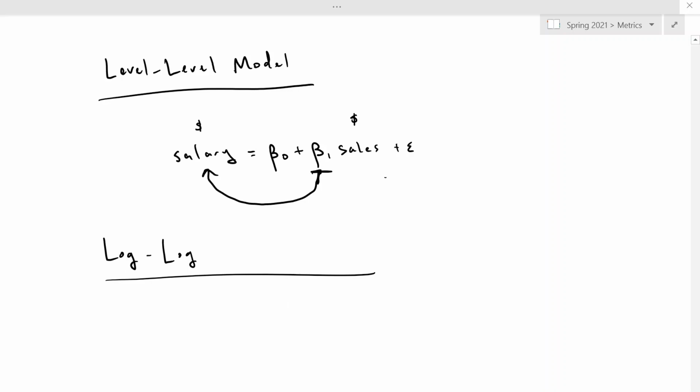There we're going to use the natural log of salary as a function of the natural log of sales.